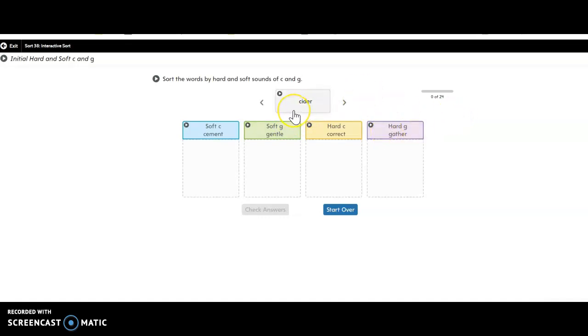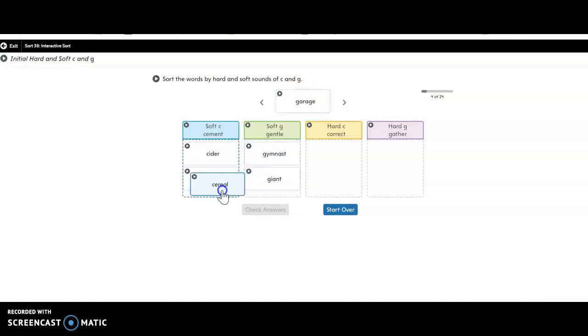The first word is cider. That sounds like a soft C to me. Gymnast. That is a soft G, like gentle. Giant. Once again, soft G. Scent. There's our 1 syllable word.